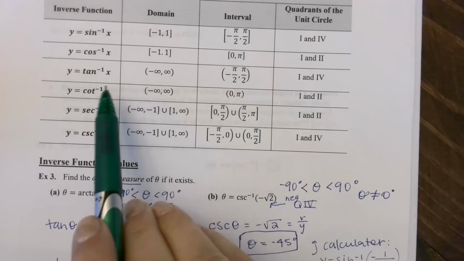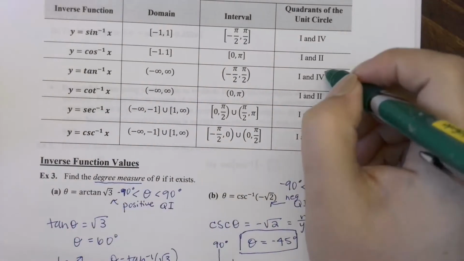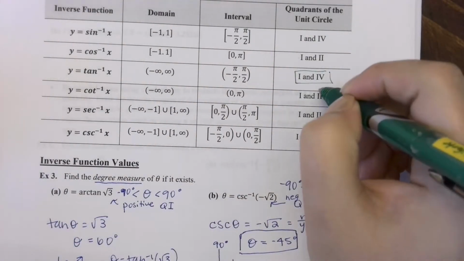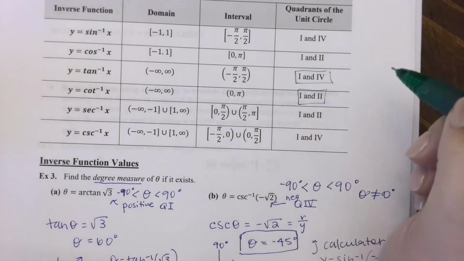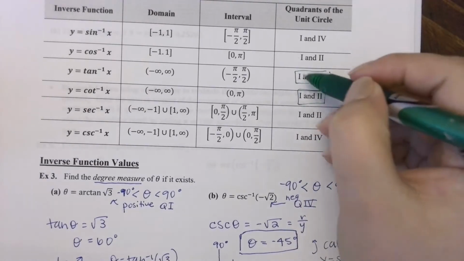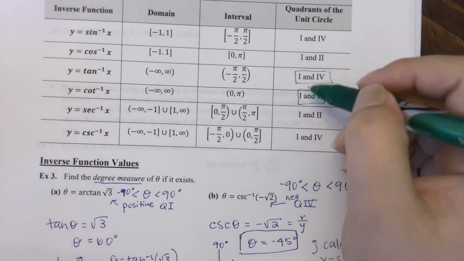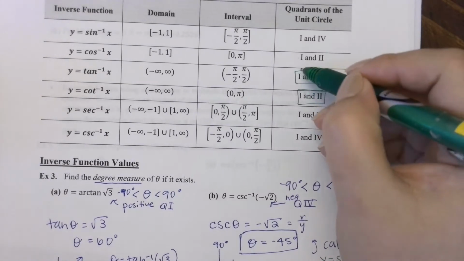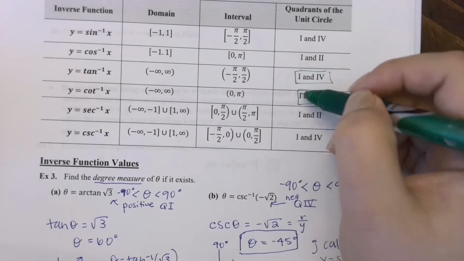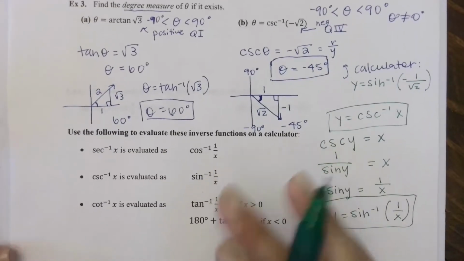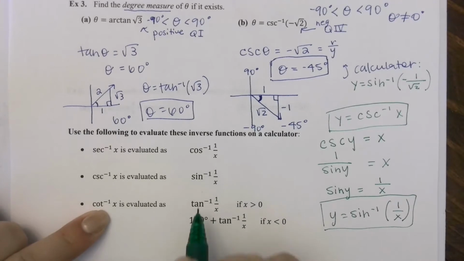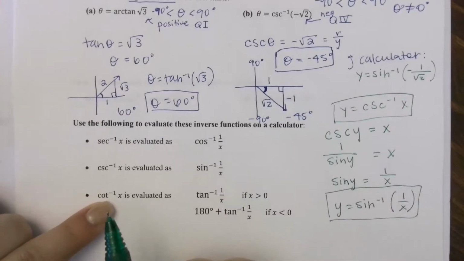But when we're talking about tangent and cotangent, tangent is in quadrants 1 and 4, and cotangent is in quadrants 1 and 2. When the value of cotangent is positive, you can plug it in like normal because they both exist in quadrant 1. You can use tan inverse of 1 over x.